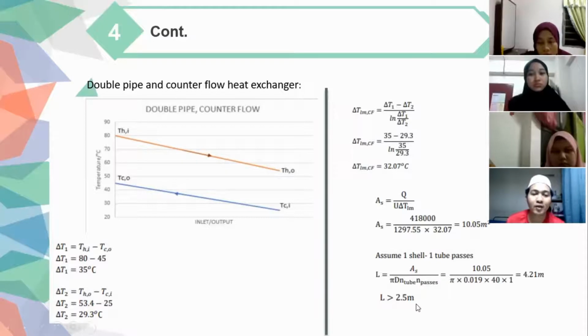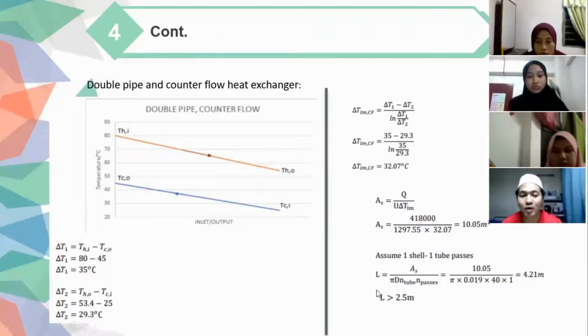Firstly, we find the theta T LM, which for this heat exchanger is 32.07 degrees Celsius. Then we find the surface area of the heat exchanger, and we got 10.05 square meters.